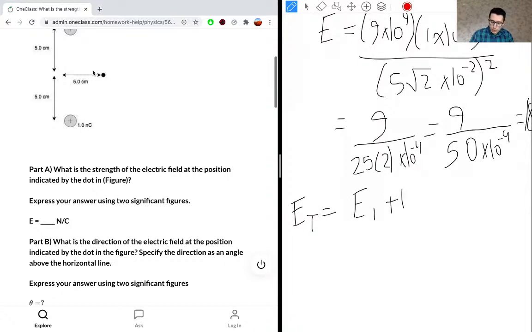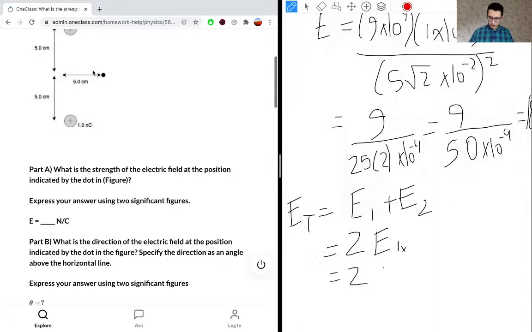So we know E1 equals E2, so we just have 2 times E1, because they're equivalent. That means we'll get 2 E1 in the x direction. So we know we calculated what E is.